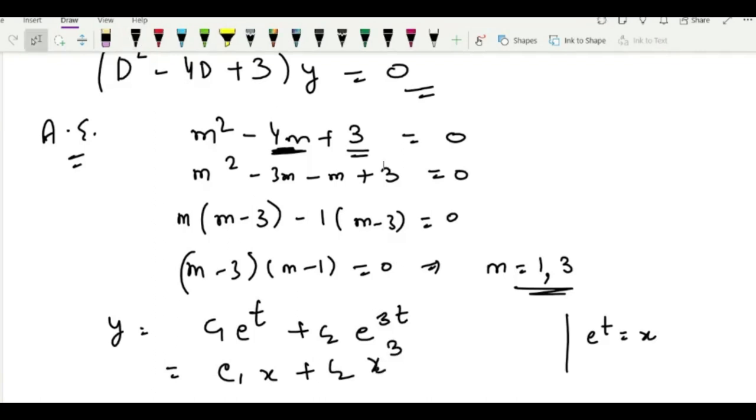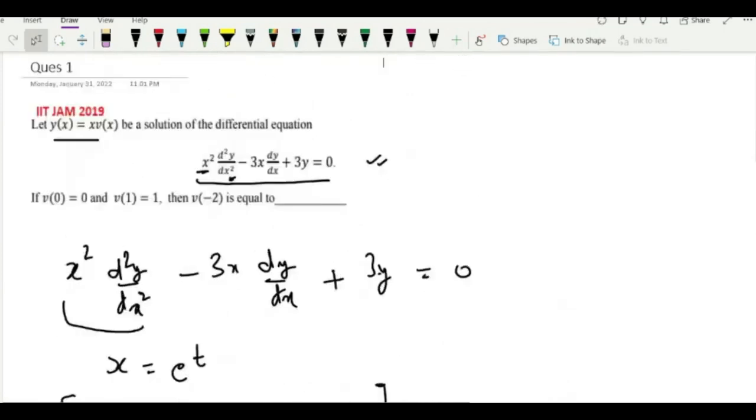So you can see from here that in the question we have given y is equal to x into v(x) as its solution. Comparing our solution with this, as we have given conditions on v, we have both conditions on v, and we are to find the value of v of minus 2.